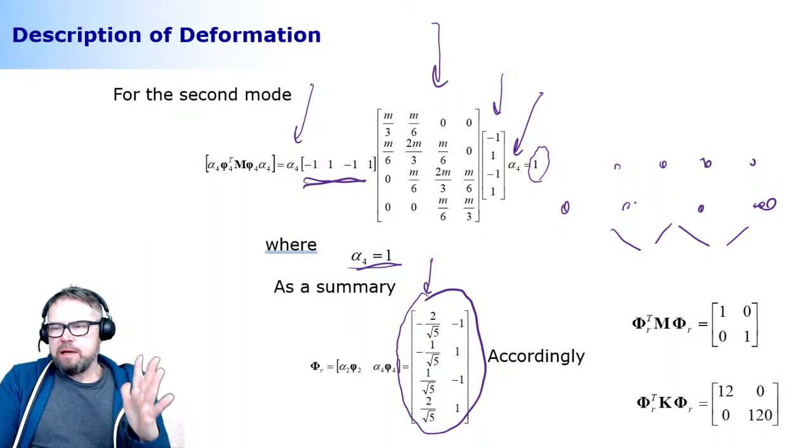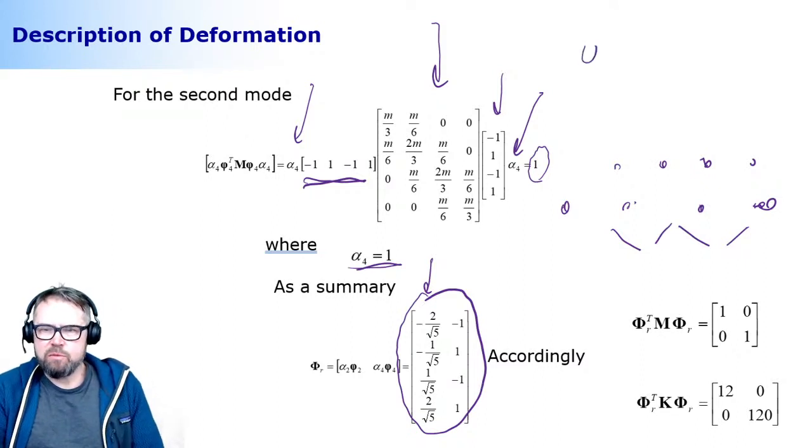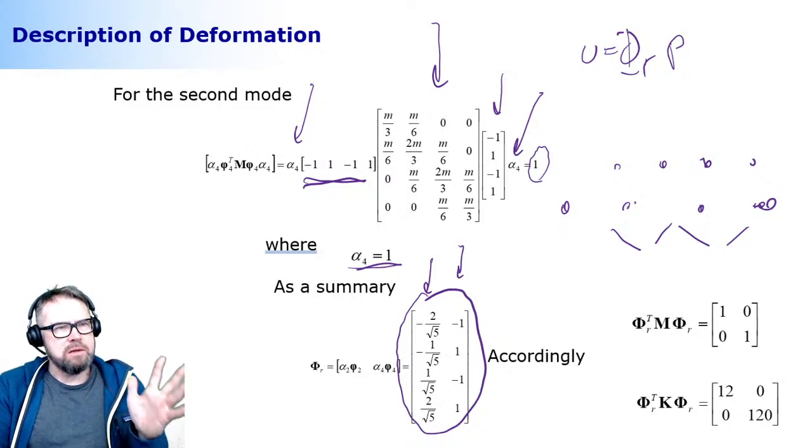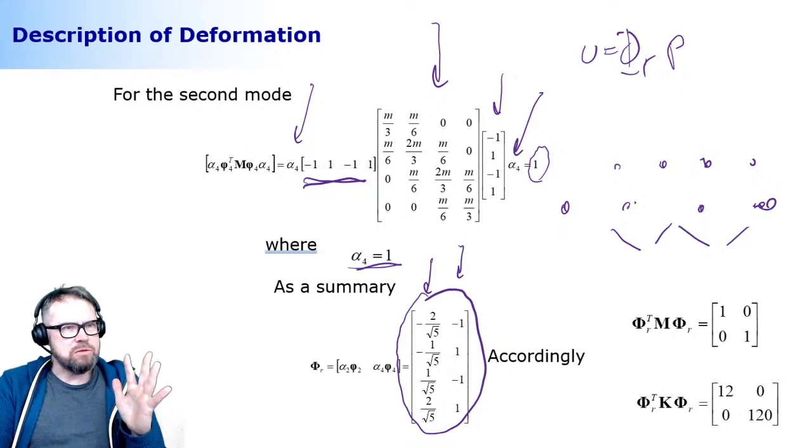And now this makes it possible to relate the vector of my original nodal degrees of freedom to this R, and then that's multiplied by modal coordinates. There are going to be 2 modal coordinates if using 2 modes, like shown here, because of the 2 deformation modes.